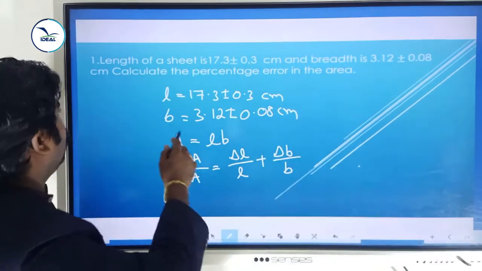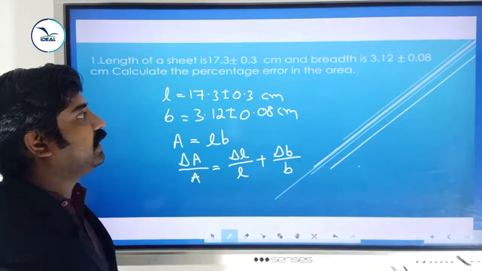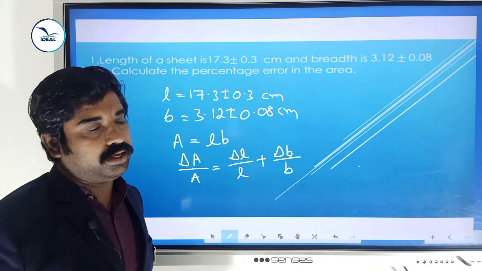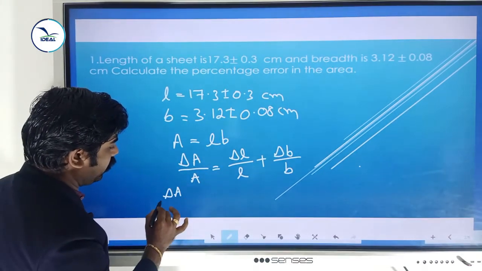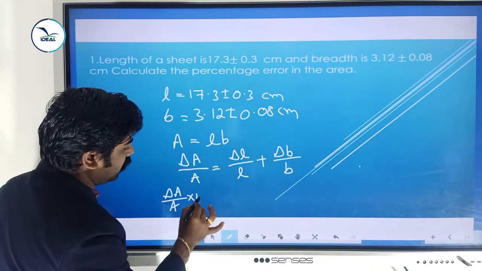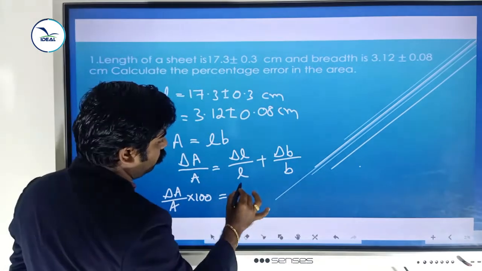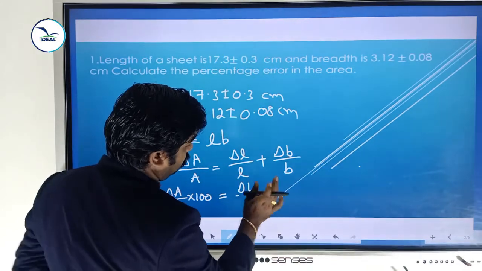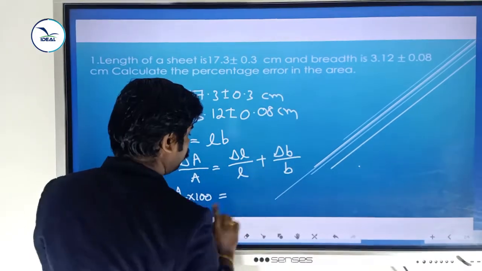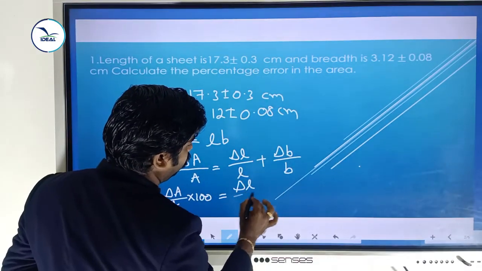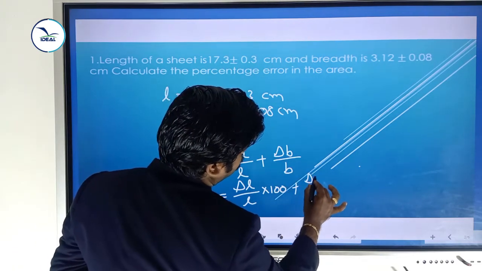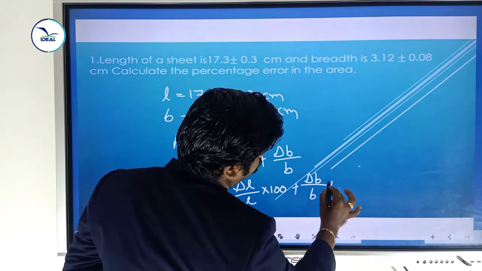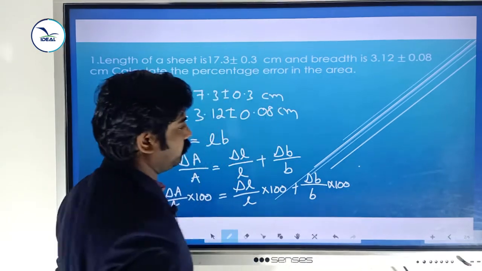So what we want to calculate is the percentage error in area, so we multiply it with 100. Delta A by A into 100 is equal to delta L by L into 100 plus delta B by B into 100.